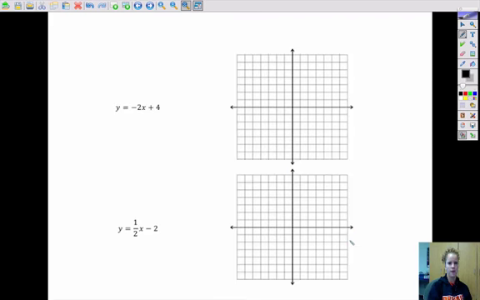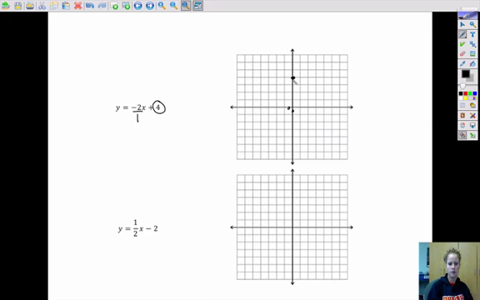So, graphing equations, we need to start with our y-intercept. This graph had a y-intercept of 4. So I'm going to start 1, 2, 3, 4 up from the origin of 0, 0. And then my slope is negative 2, but negative 2 as a fraction I know is negative 2 over 1.